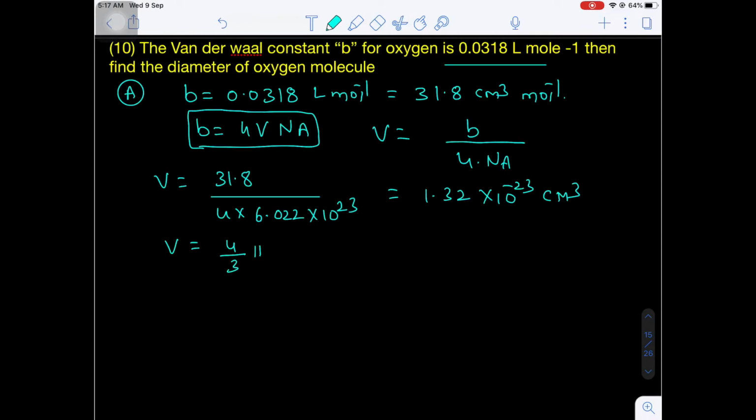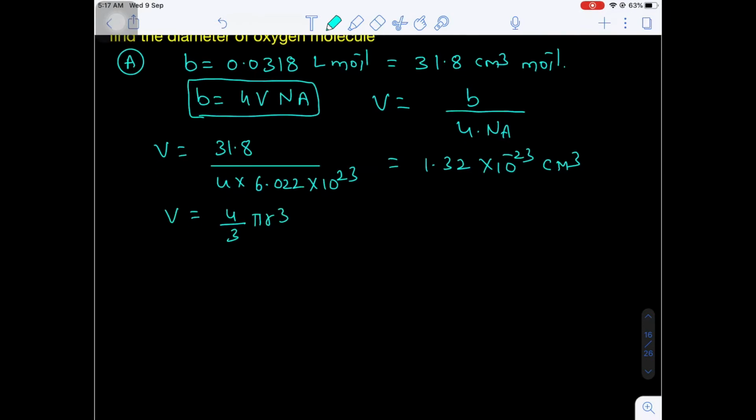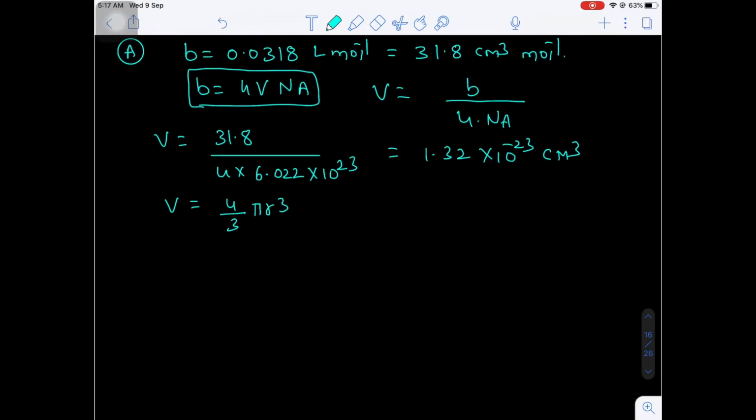Now what is the volume of a molecule? That will be 4 by 3 into pi r cube, because the molecule is considered to be a hard sphere. The volume of a sphere will be 4 by 3 into pi r cube, which is equal to 1.32 into 10 raised to minus 23 centimeter cube.